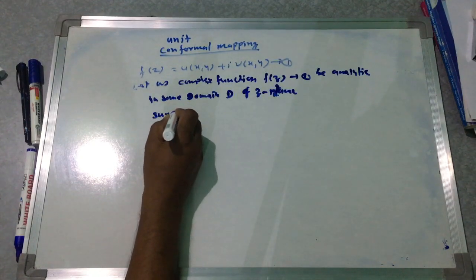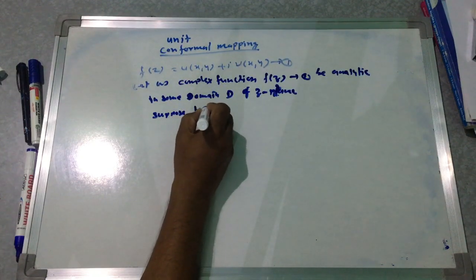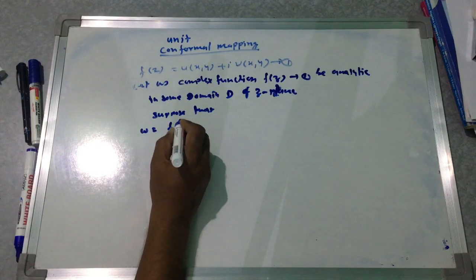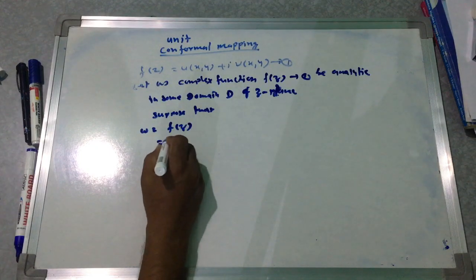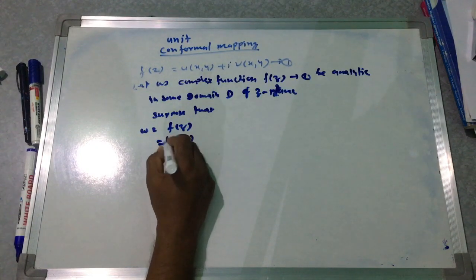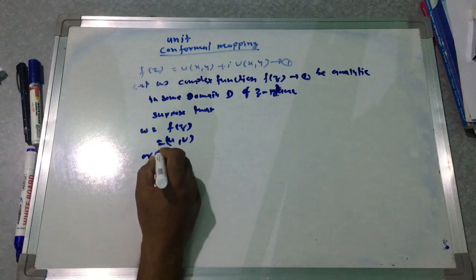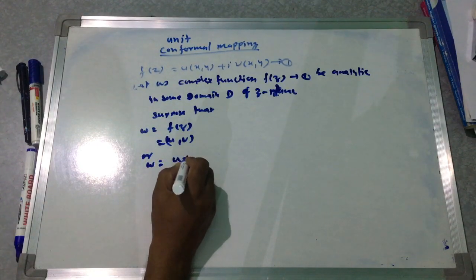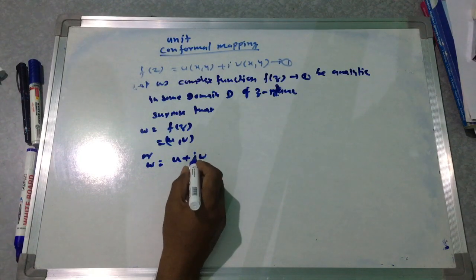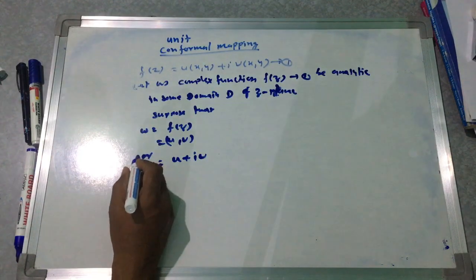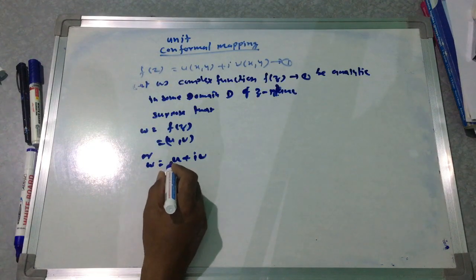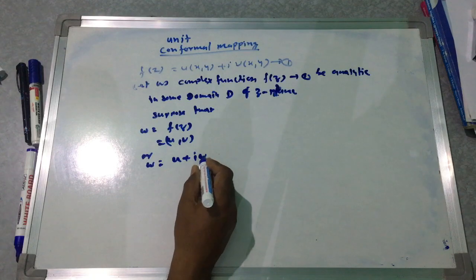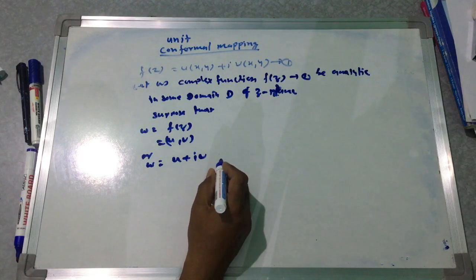So we suppose that w is equal to f of z, this is u v, or w is equal to u plus i v. So z is connected to w, or x y is connected to u v, by the mapping.